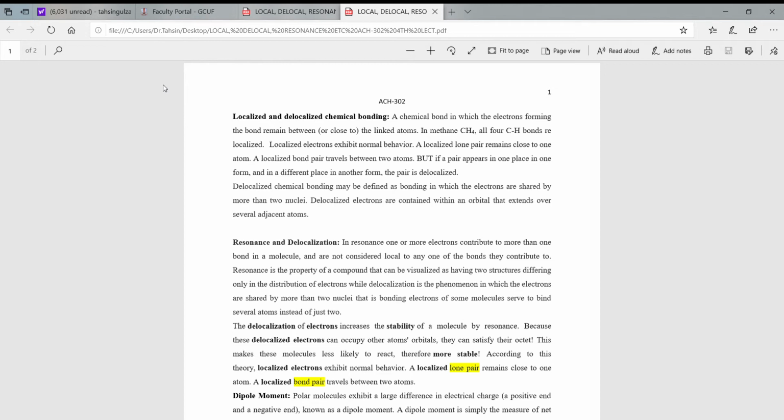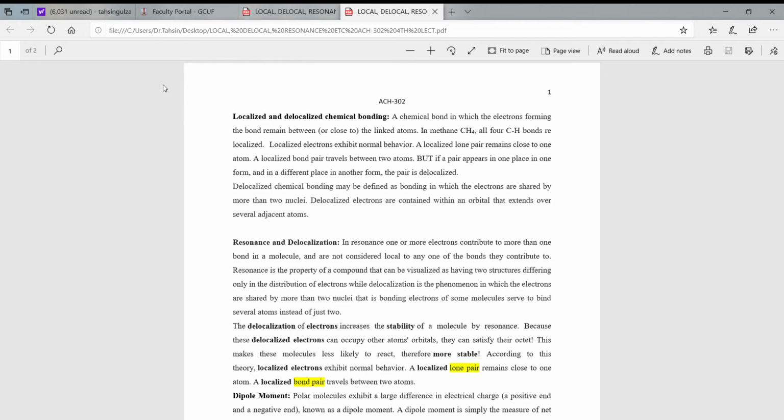So HCl is a polar compound. In CH4, the difference between the electronegativities of hydrogen and carbon is very negligible. So they are non-polar compounds.